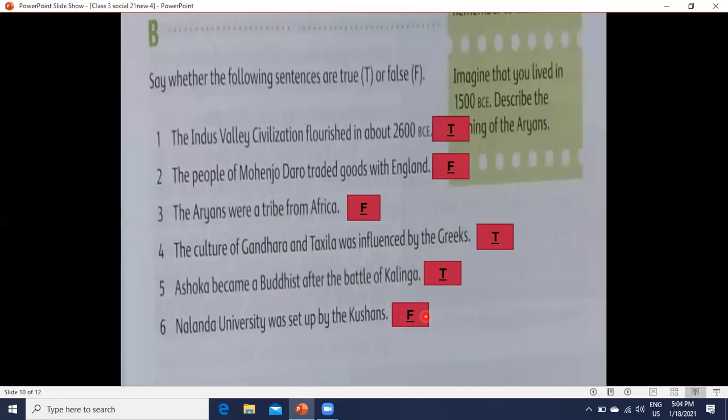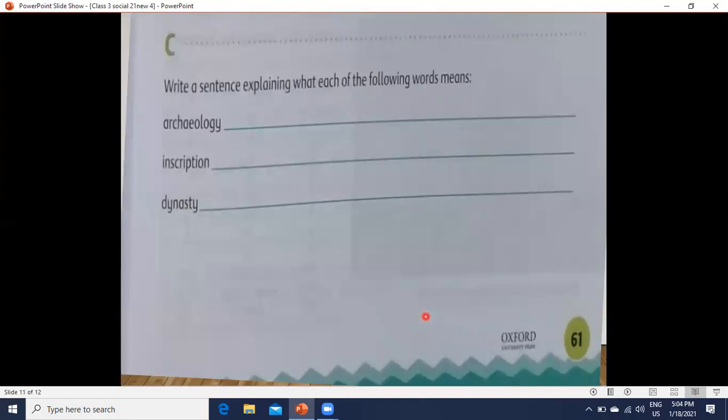Okay, dear students, if you finish this work page, then you have part C. Write a sentence explaining what each of the following words mean. So three words are given as you read in the lesson: archaeology, inscription, density.